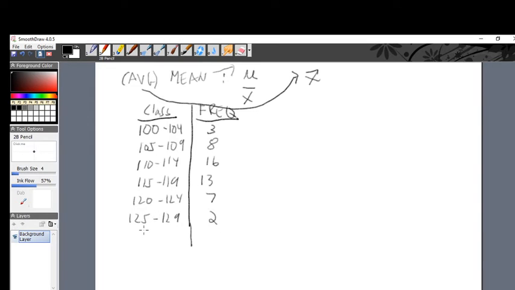And finally, 130 to 134, that class is going to be 1 person.